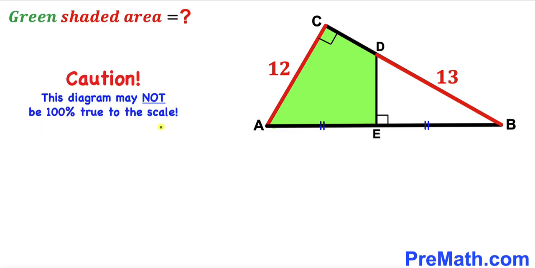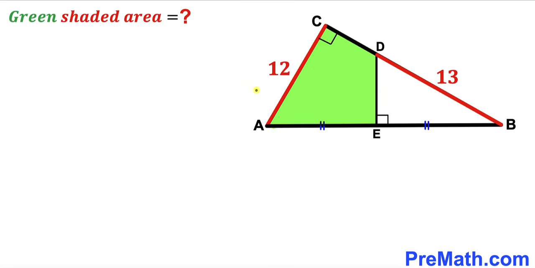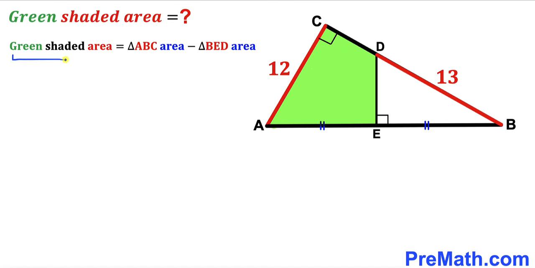Please keep in mind that this figure may not be 100% true to scale. Let's go ahead and get started. Since we are interested in calculating the area of this green shaded region, let's make an observation. This green shaded region area is going to be equal to the area of this big triangle ABC minus the area of the smaller triangle BED.